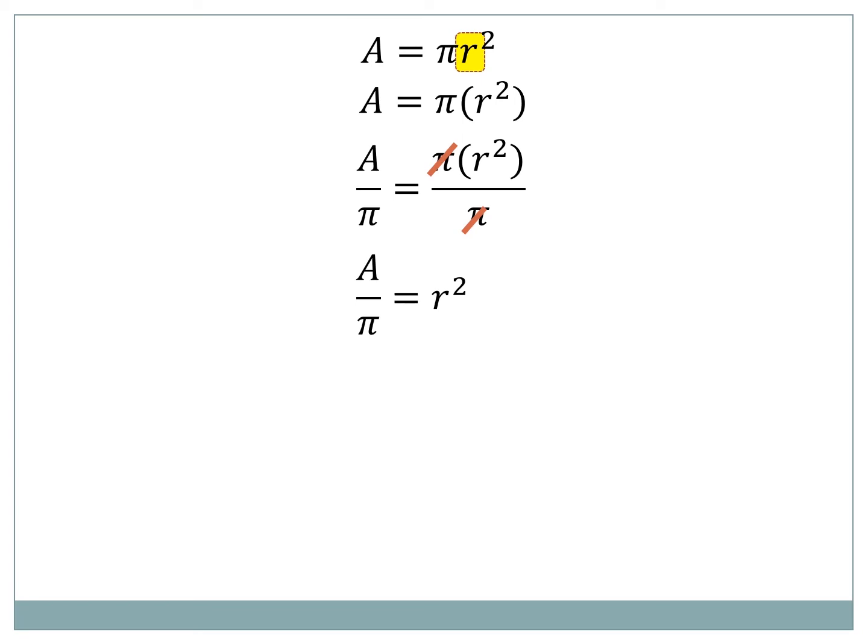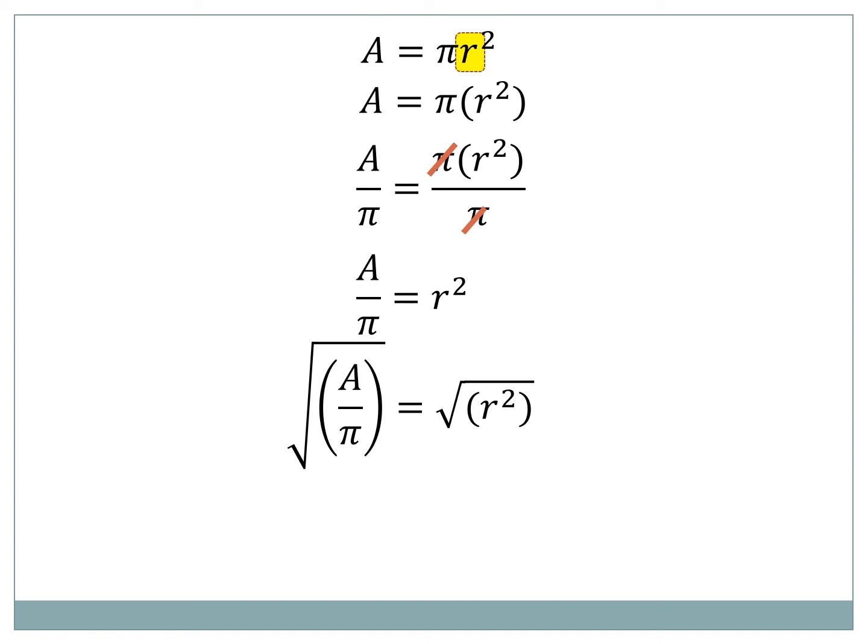Now here's where it gets really important to group your terms. I want to group that entire second side, the a over pi, together. Because when I do a square root over r squared, that'll get rid of the square for me. But I need to do the square root over the calculation of a over pi. I can't just square root a and I can't square root pi.